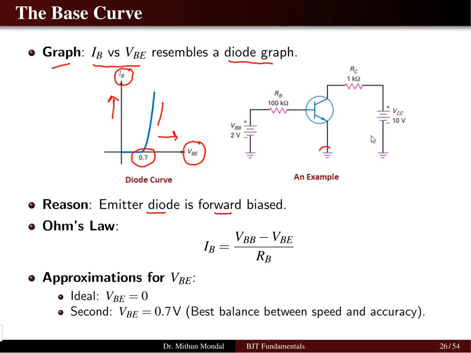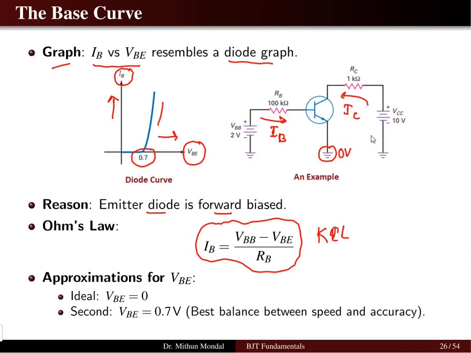So here you have the emitter which is grounded at 0 volt, and the base current will flow in the base region, and you have the collector current which is flowing in the collector region. The base current can be written in the KVL equation form and the KCL equation form.